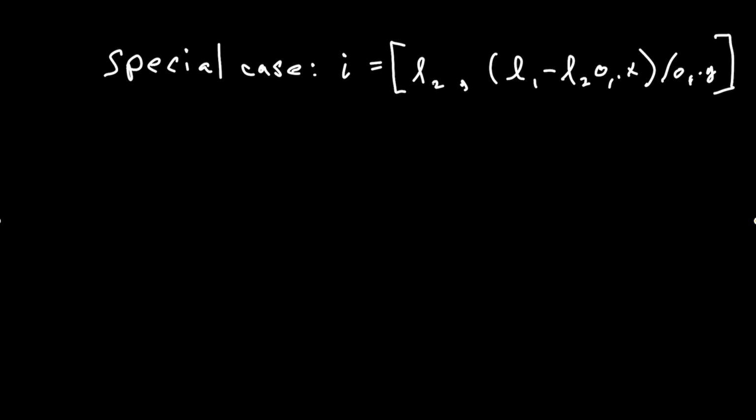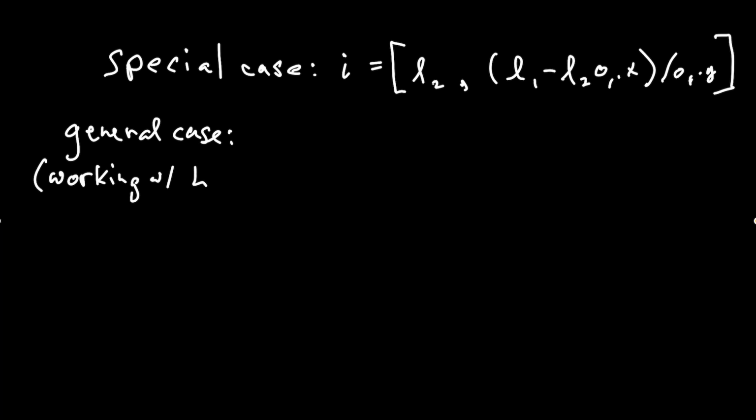Okay, so then our general case, we just need to modify this, recognizing that L1 will be coordinate rotated, so it'll be working with L1 prime instead of L1, and our result will be I prime.